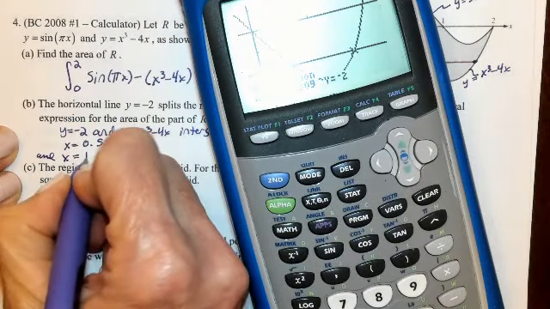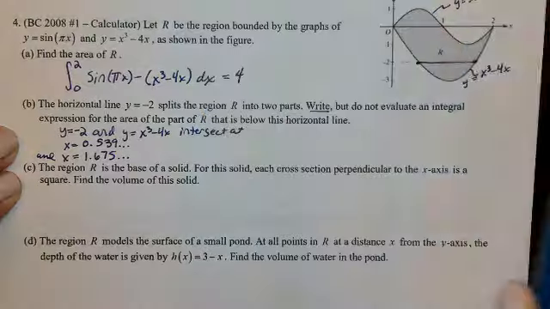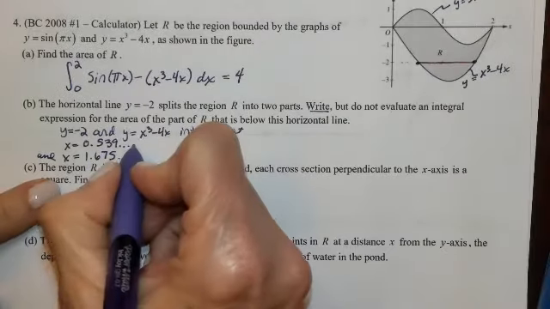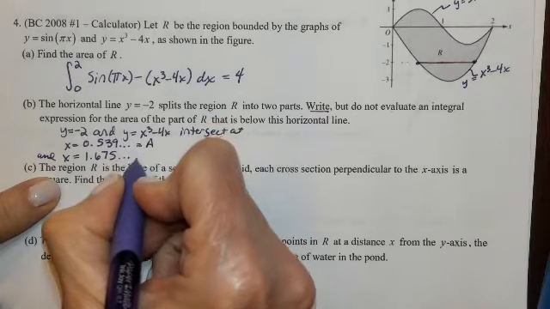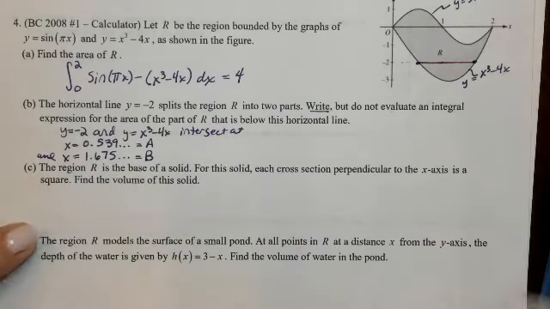And x equals 1.675 ... Okay. Now, since I'm writing but not evaluating, I think I'm going to call this x value A and this x value B, and that way I don't have to keep rewriting these numbers.